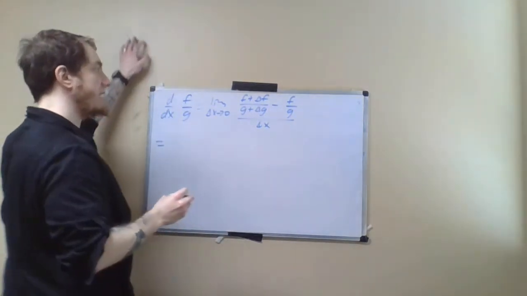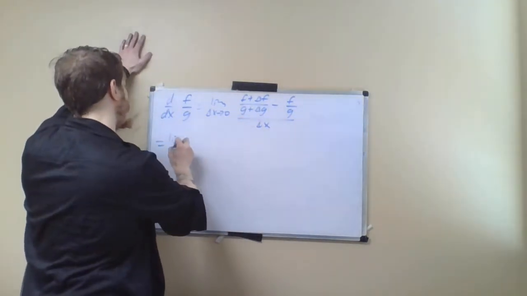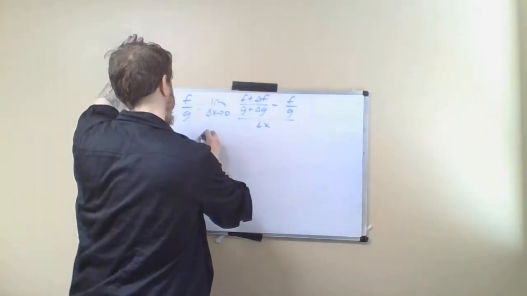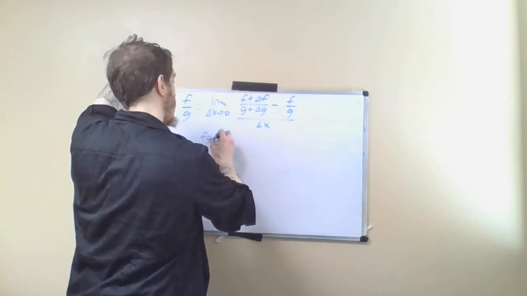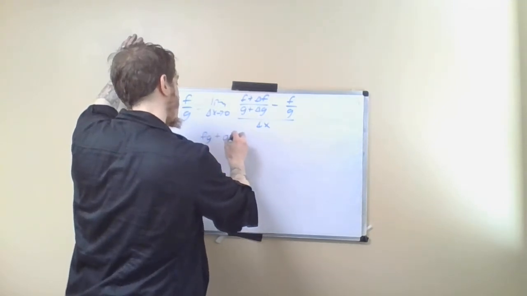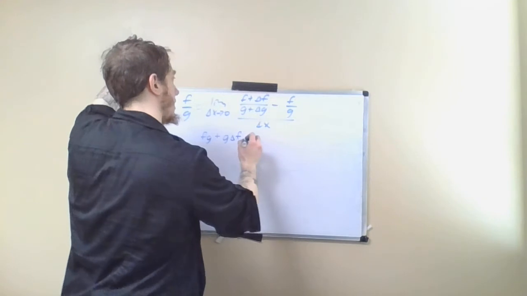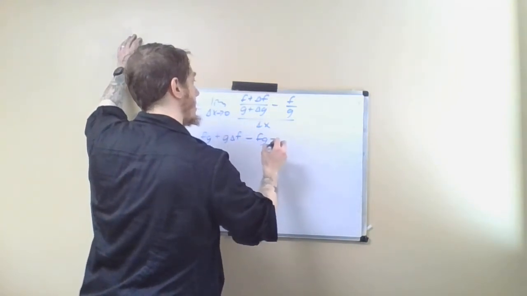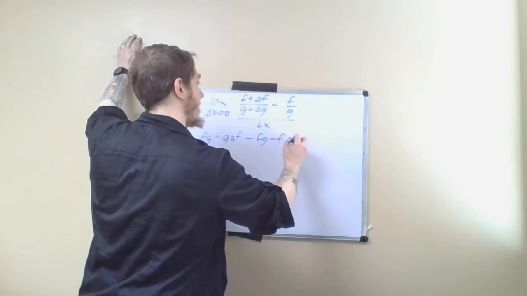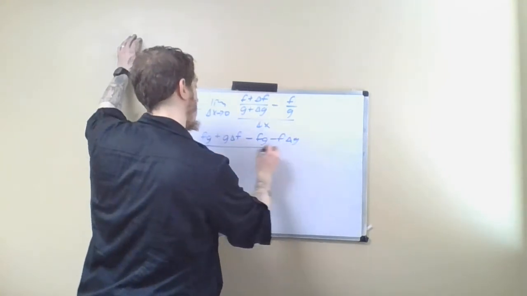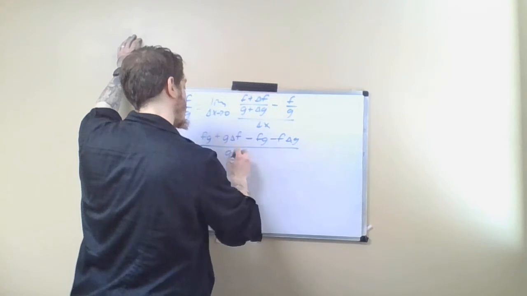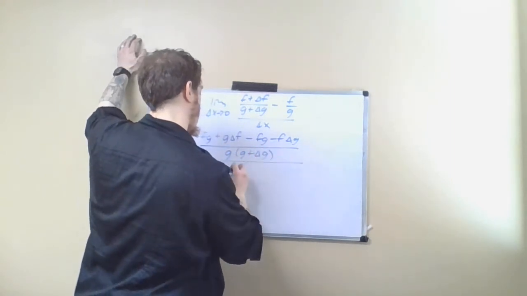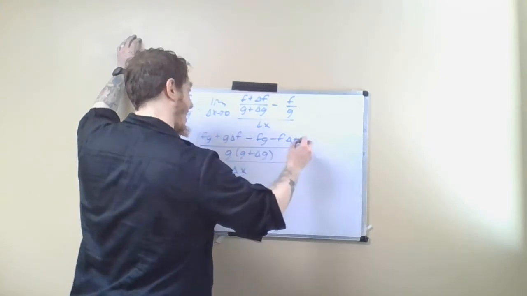Now, if I take a common denominator in the numerator, limit as delta x goes to 0, we're going to have fg plus g times delta f minus fg minus f delta g, all divided by g times g plus delta g, all divided by delta x.